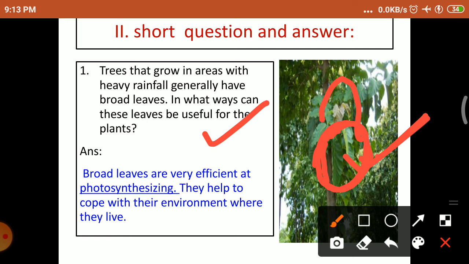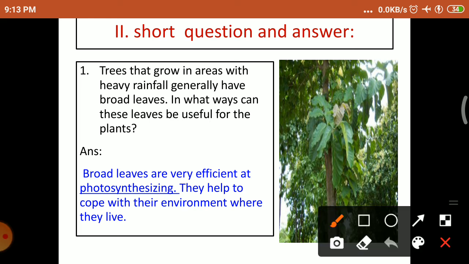Trees that grow in areas with heavy rainfall generally have broad leaves. In what ways can these leaves be useful for the plant? The first use is that broad leaves are very efficient at photosynthesis. So the broad leaves are very useful for the photosynthesis process.